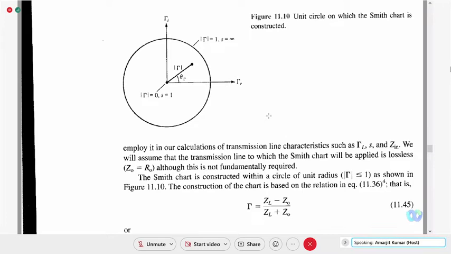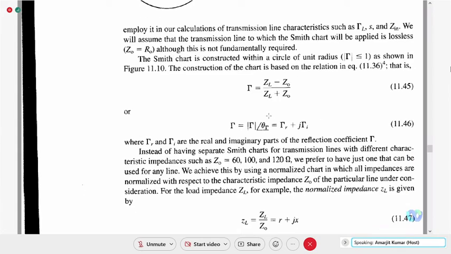So what will we do? We will normalize all the impedances: input impedance, load impedance, everything. We will normalize with respect to the characteristic impedance of the transmission line. If we do that, what will we get? Normalized load impedance will be equal to ZL divided by Z naught, which we write as real part plus J into imaginary part.